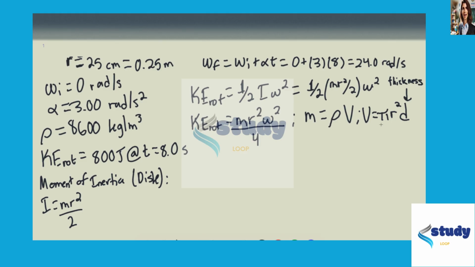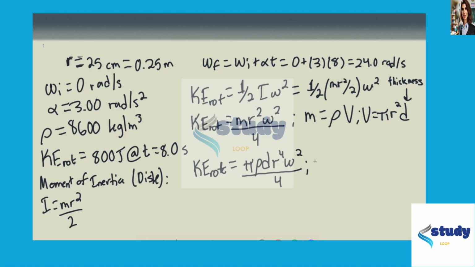And at this point, we can substitute in for this. So rotational kinetic energy would simply be equal to pi rho d r to the 4th omega squared all over 4.